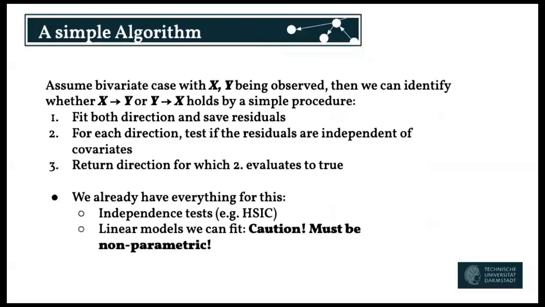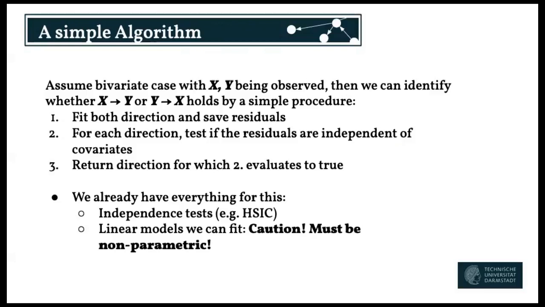So a simple algorithm in this case to identify the correct causal order would be, for bivariate cases, you should keep that in mind, fit a model in both directions and save the residual somehow. And then for each direction, you can just test using some independence tests like HSIC, you already know, I guess.